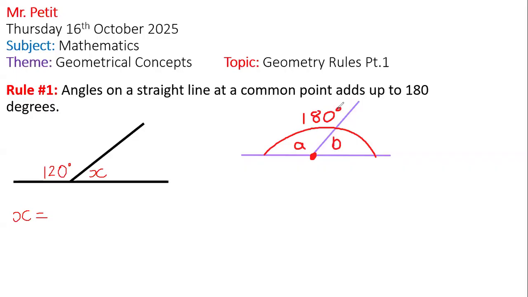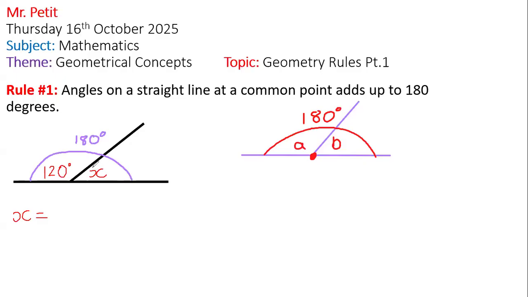So that means that when we come to this figure over here, we know that this is 120 degrees and this is X, but the whole thing altogether should add up to 180 degrees. So 120 plus X should give us 180 degrees.